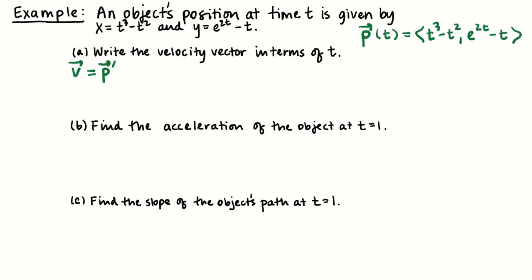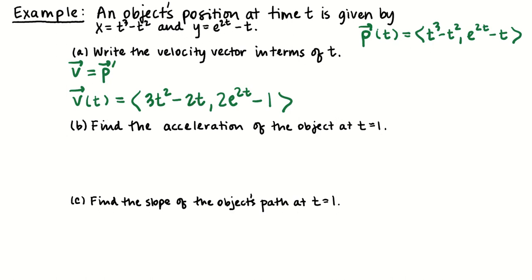So v of t, the velocity vector at any time t, is going to be: I'm just going to take the derivative of t^3 minus t^2, which is 3t^2 minus 2t. And taking the derivative of y with respect to t, the derivative of e^(2t) is going to be e^(2t) times 2 for the chain rule, minus 1. Okay, and that's our velocity vector.